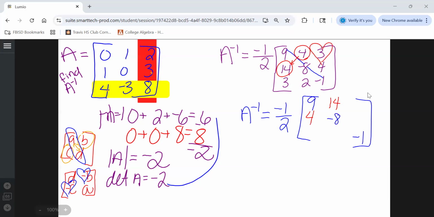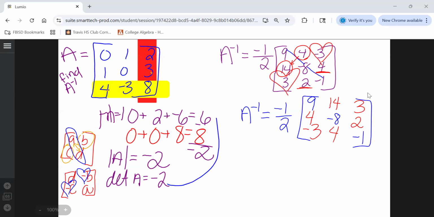If you reflect it across this blue line right here, it would line up with this spot, which is also 3. Sorry, this one was negative 3. So this spot should be negative 3, and this spot should be 3. Finally, the same thing, this 4 right here, if you reflected it across that line, it would line up with that 2. Those are the pieces that are trading spots.